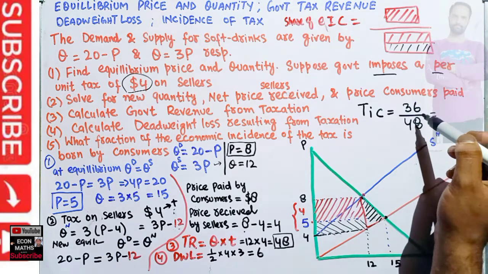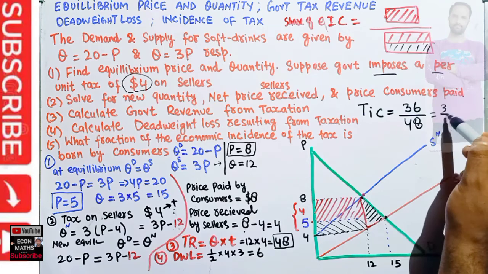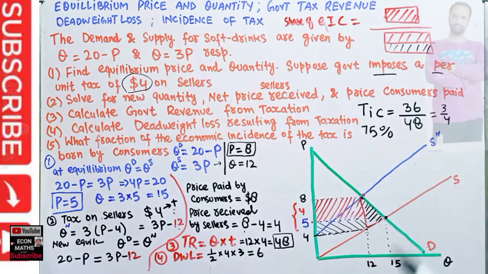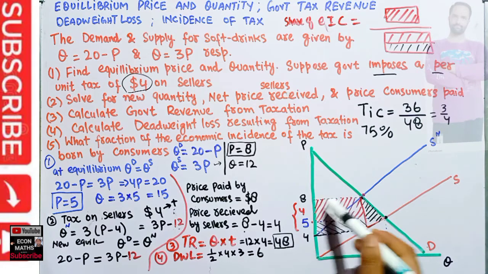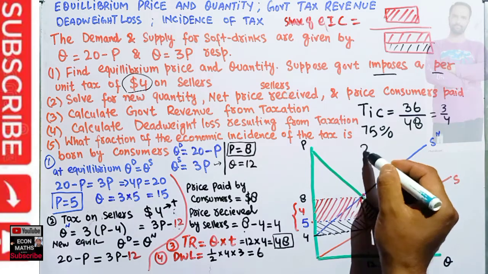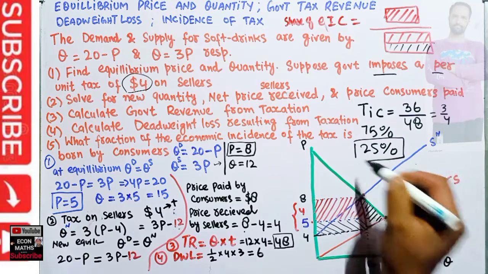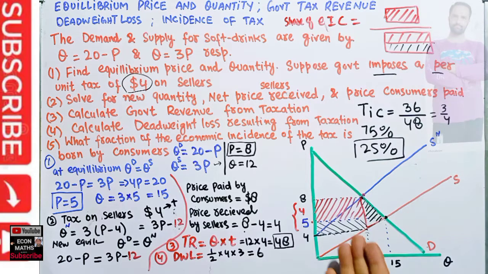This comes out to be 3/4, which means 75% of the incidence of tax will be borne by the consumers, and only 25% of the incidence of this tax will be shouldered by the sellers.